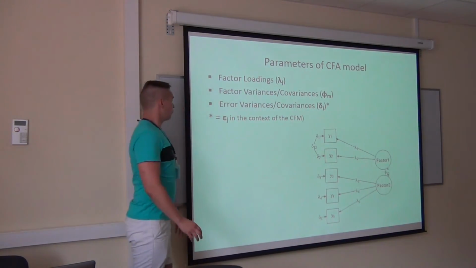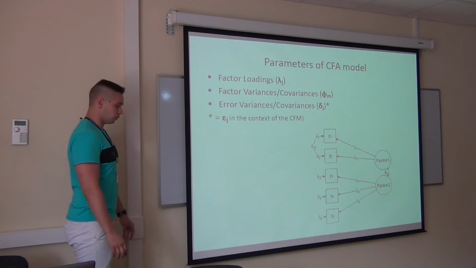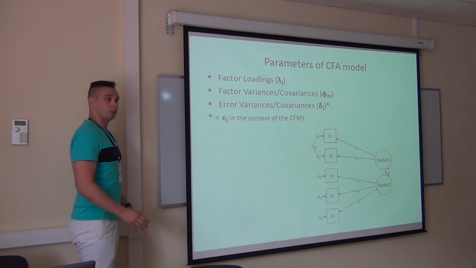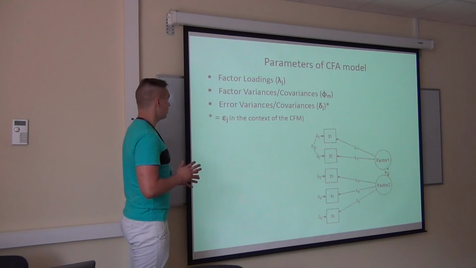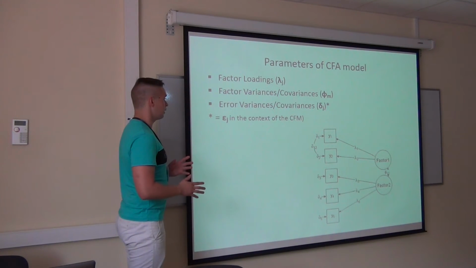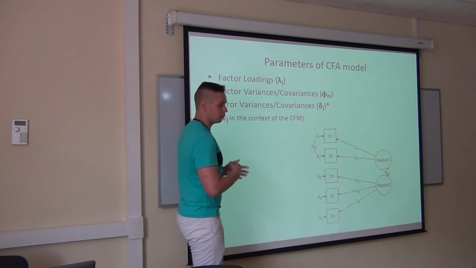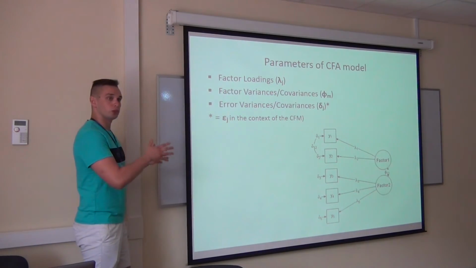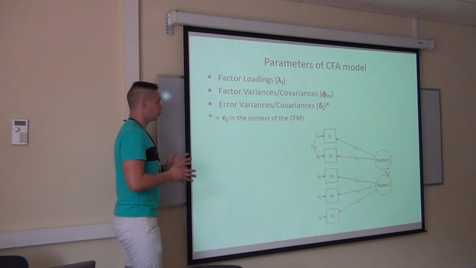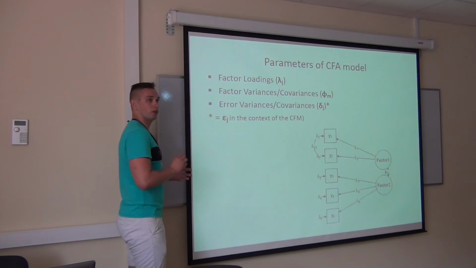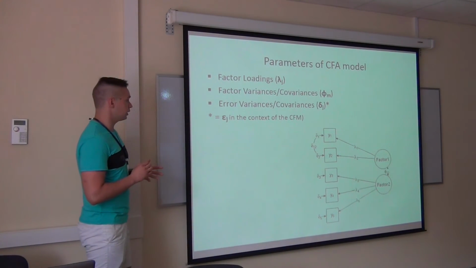And finally, the third kind of key parameters in the confirmatory factor model is the error variances and covariances. Error variance is a counterpart of communality in the general factor model. It's the amount of unexplained variance in the observed indicators.